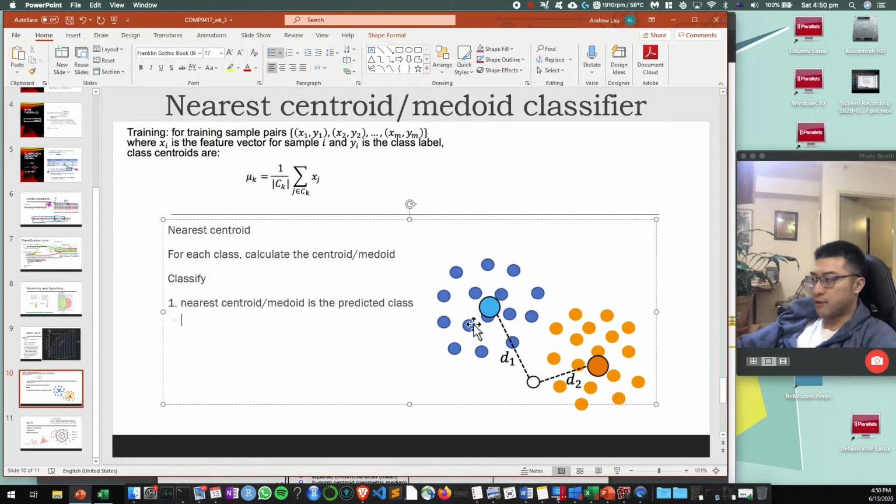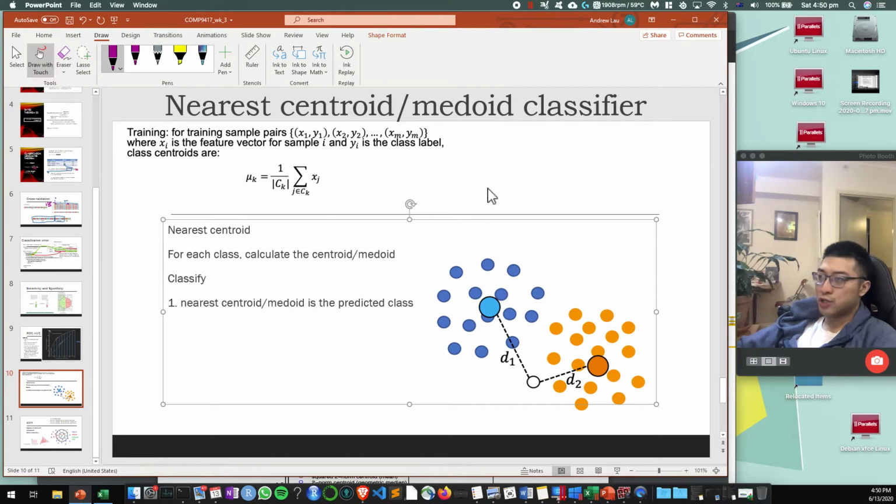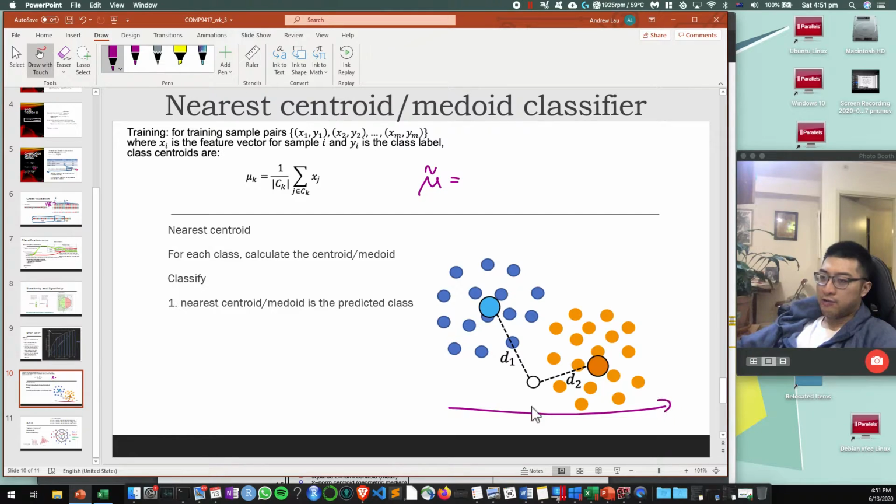So the centroid is going to look something like this. Maybe I'll just draw it out. I'm going to denote it mu. And let's say we have 2 dimensions. This is your x1. This is your x2.